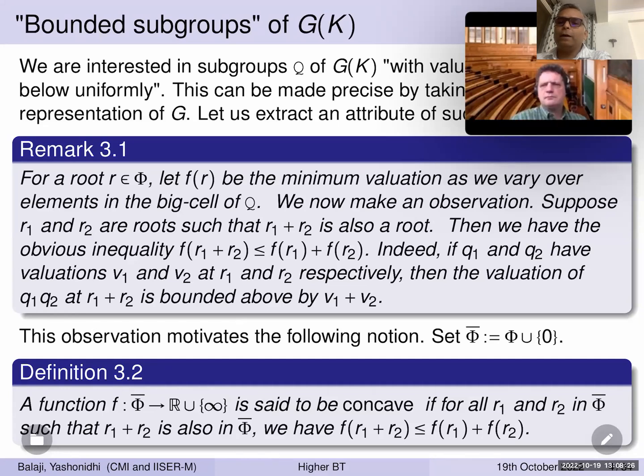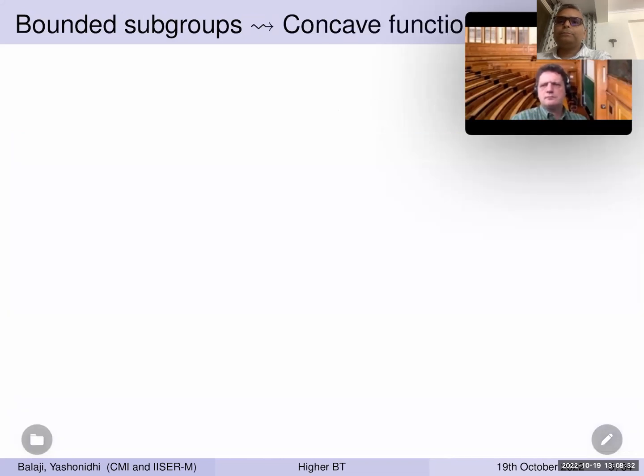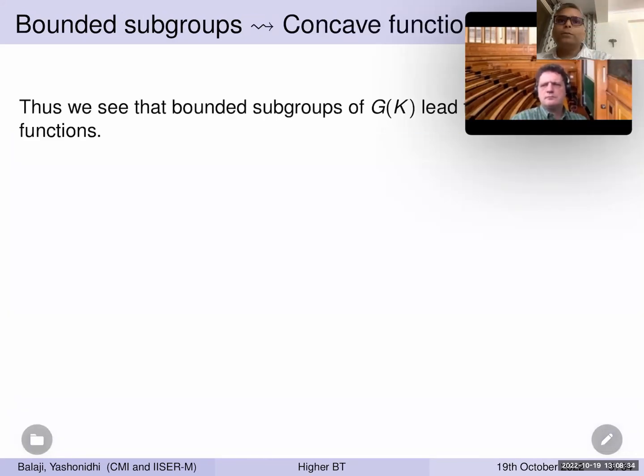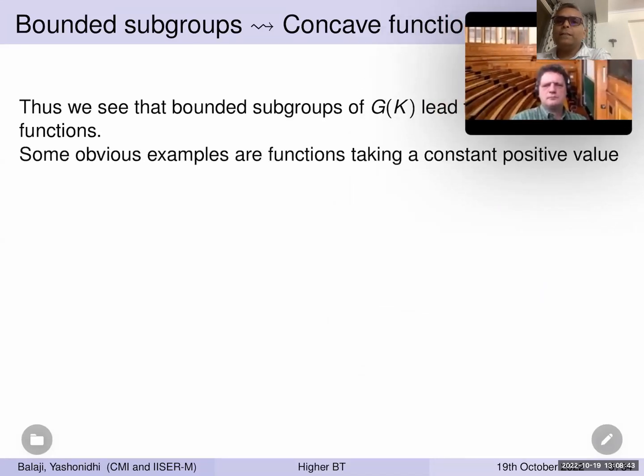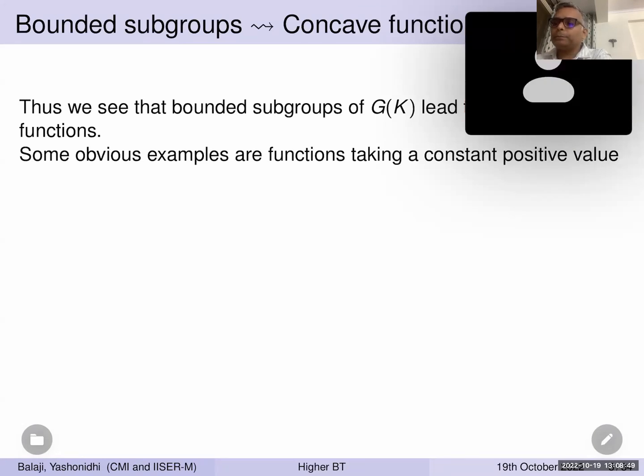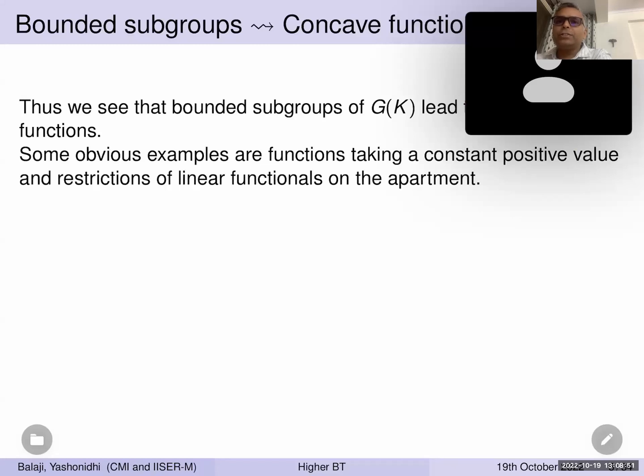So we have just formalized this observation. Thus, we see that bounded subgroups of GK lead to concave functions. Some obvious examples are functions taking a constant positive value and restrictions of linear functionals on the apartment.